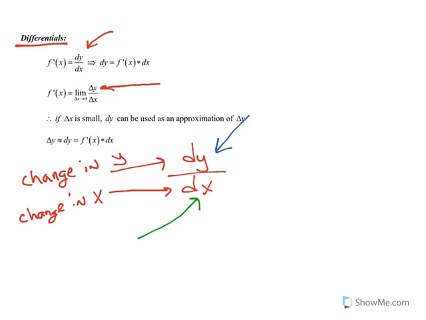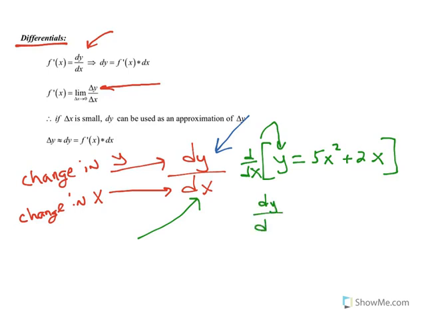So for example, if I had an equation y equals 5x squared plus 2x, and let's say I wanted to know what the change in y was going to be if I changed the x value by a certain number, we could take the derivative and we're going to get the derivative of y, so dy dx is equal to, and we'll derive this side, 10x plus 2.